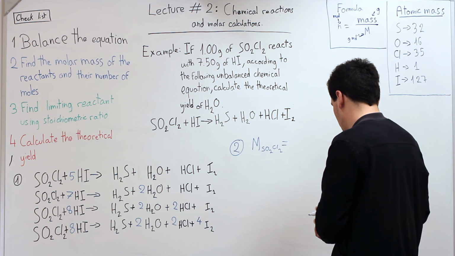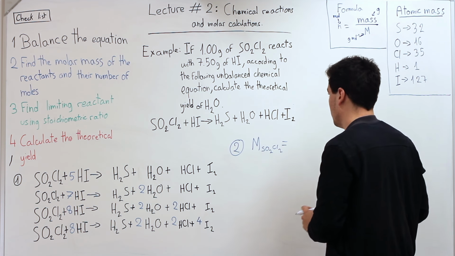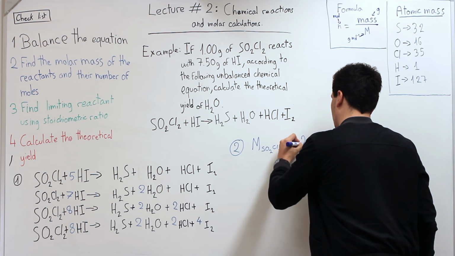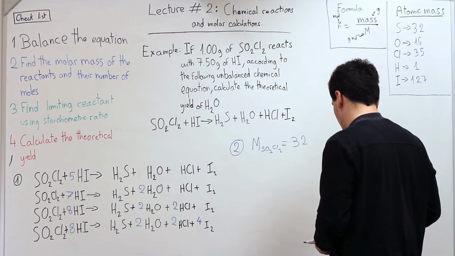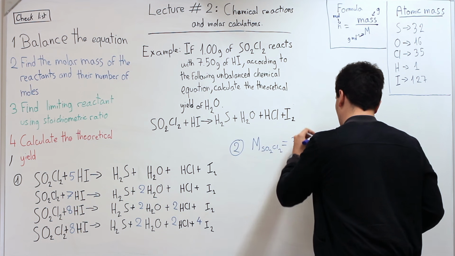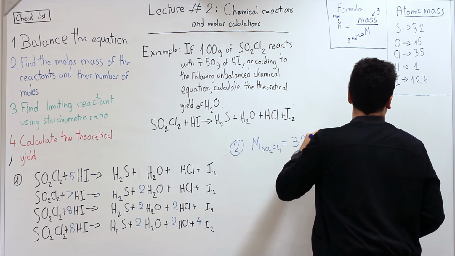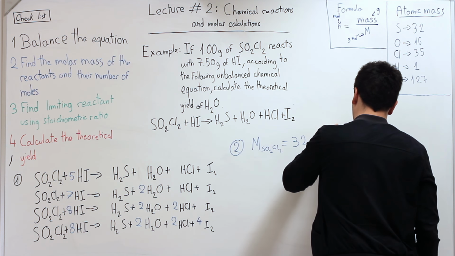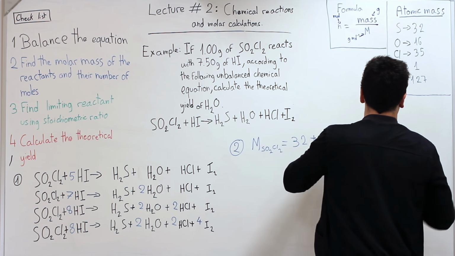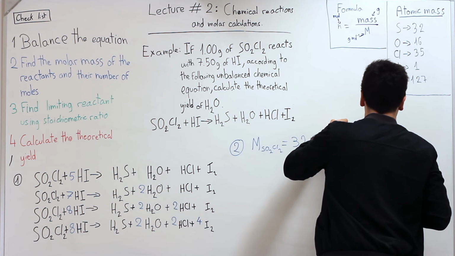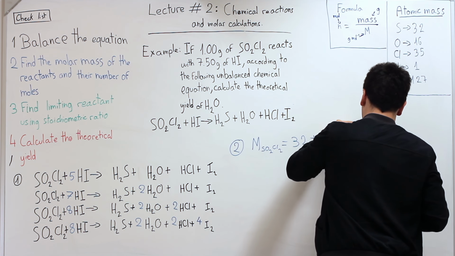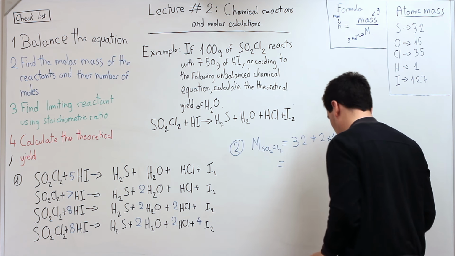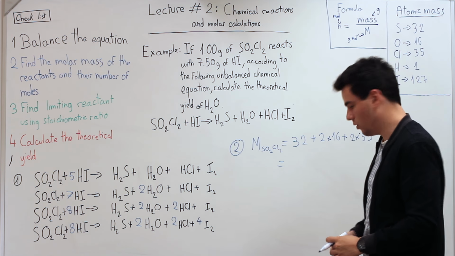And here, this one is equal to 32. There's 1. There's 2 oxygen, so we times 2 by 16. And there's also 2 chlorine, so 2 times 35. This gives us a total of 134 grams per mole.